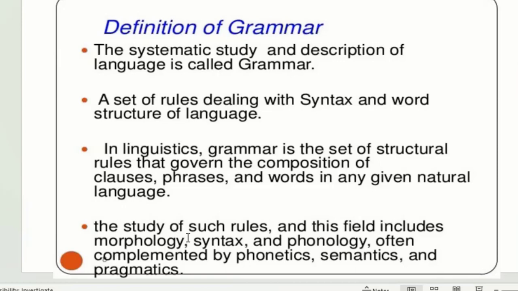In linguistics, grammar is a set of structural rules that govern the composition of clauses, phrases, and words in any given natural language. It is not to say it is only English that has got grammar, or it is only English that has got a structure of saying the words, of writing the words. No, every language has got that.